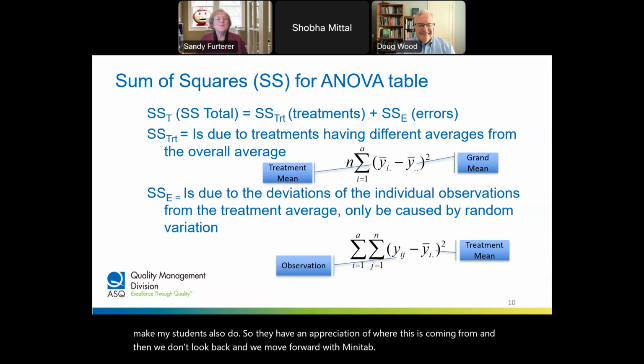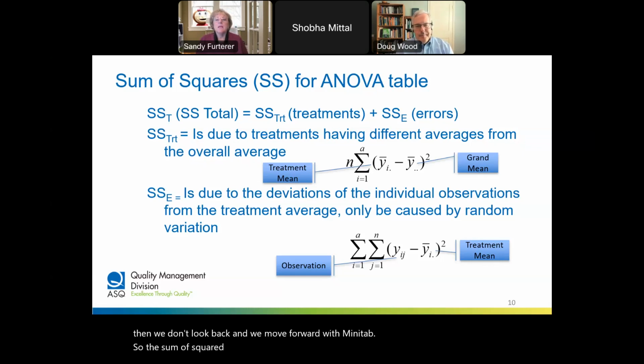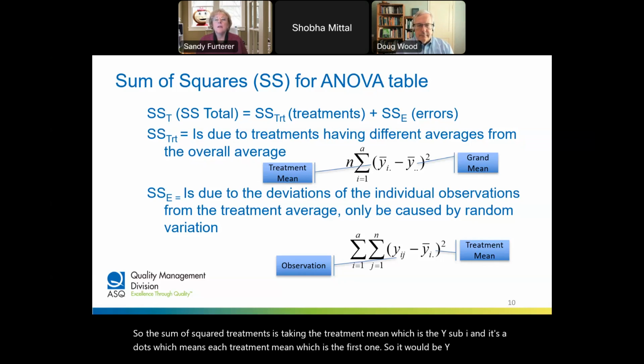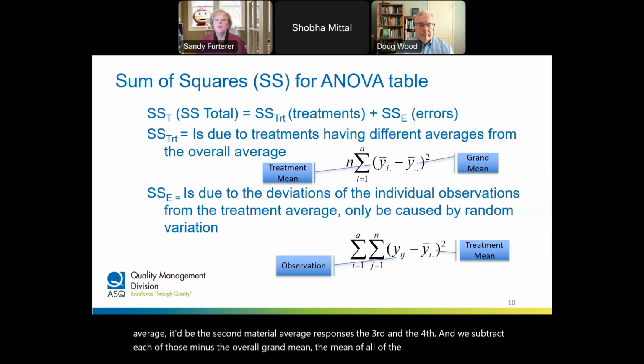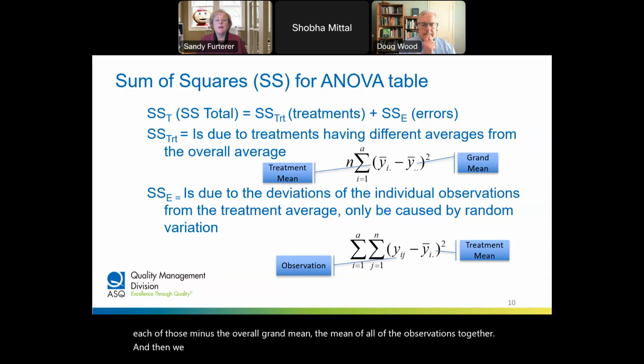So the sum of squares for treatments takes the treatment mean, y sub i dot, which means each treatment mean: y1 average, the second material's average response, the third and the fourth. We subtract from each of those the overall grand mean, the mean of all of the observations together, and then we square each of those and add them together.